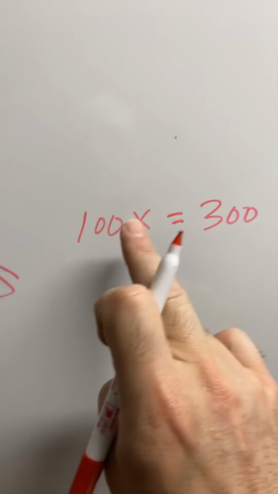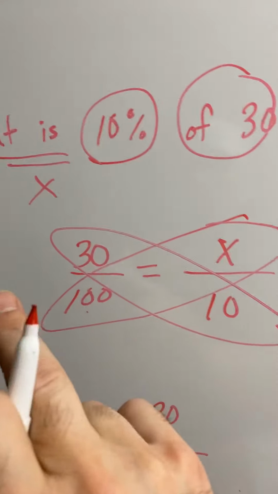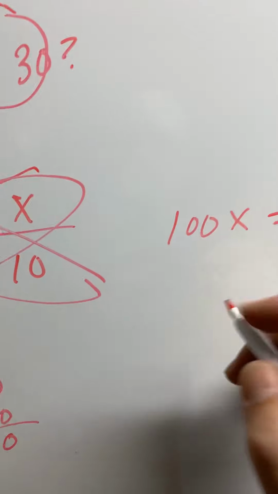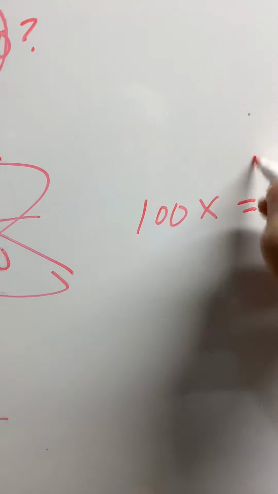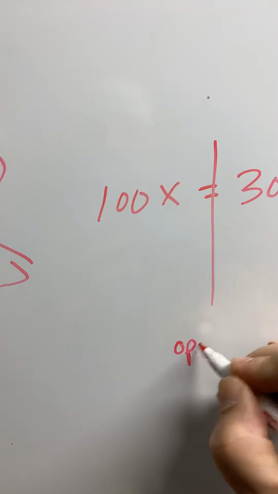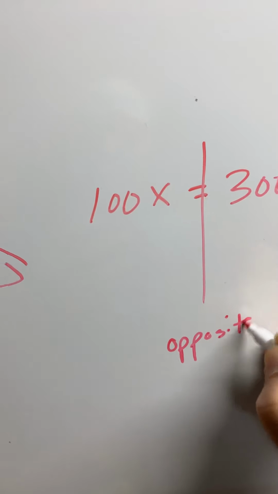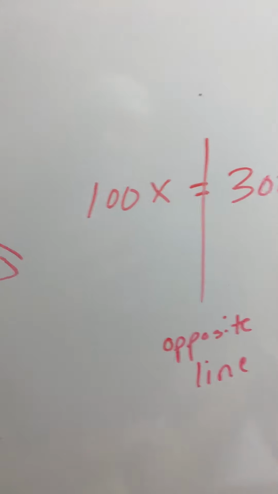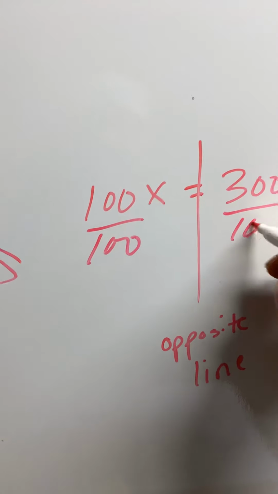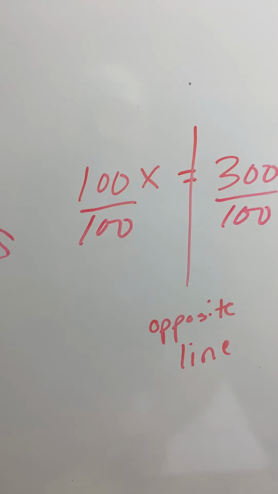Now we have 100x. We multiplied over here, 100 times x. So it's 100x. That means multiplication. So in order to take it across the opposite line, remember, this is the opposite line, we have to divide by 100 because dividing is the opposite of multiplication.